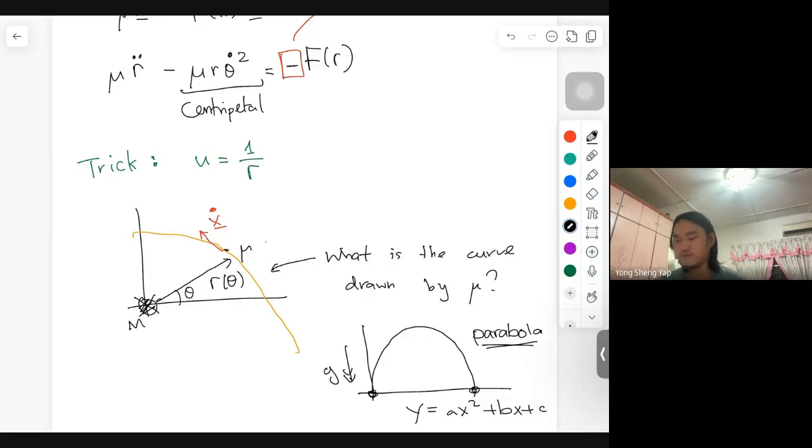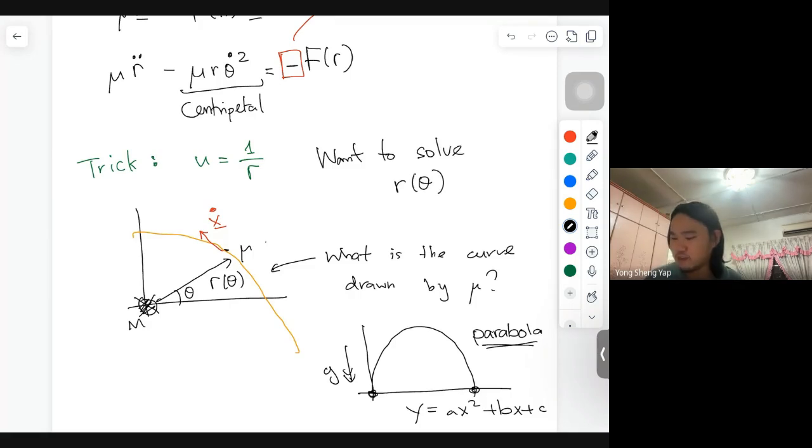For a curve on the plane, this is a nice way of understanding what the curve looks like. We want the position of the reduced mass at some particular angle, so we want to solve for r of theta.